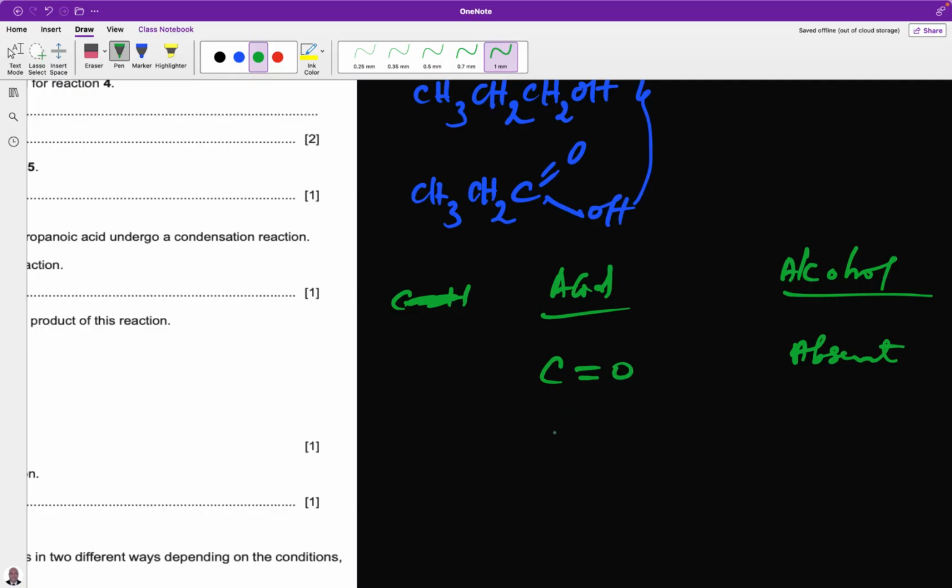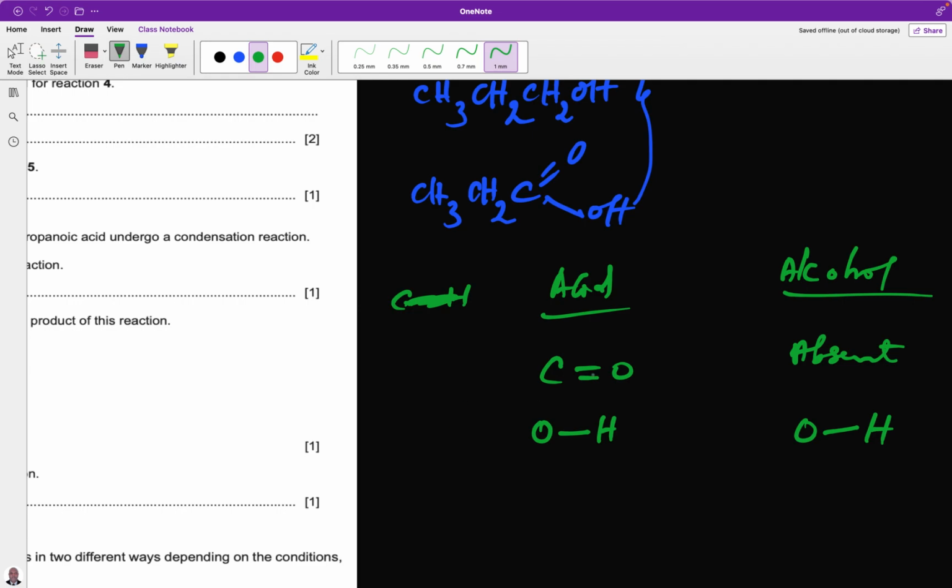In the acid, we have the OH bond. In the alcohol, in propan-1-ol, there is also the OH bond. But the absorption range of the OH bond in acid is different from the one of the alcohol.